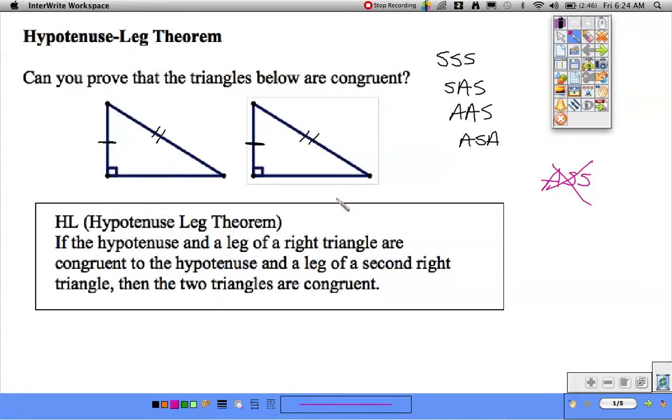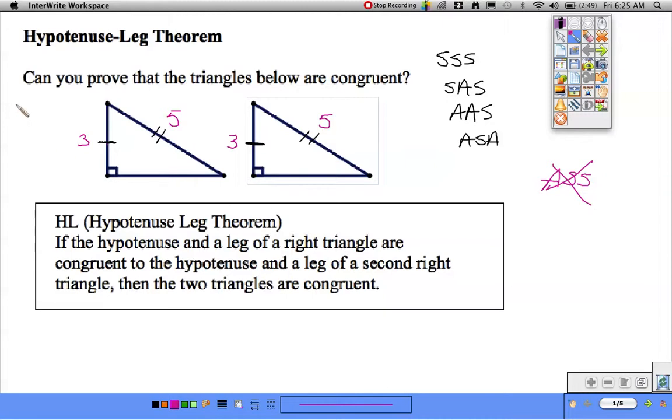However, because the triangles have right angles in them, that means these triangles are right triangles. And that means I get another theorem that I could use, the Pythagorean theorem. So let's just pretend that this side was 3. Because it's congruent to the other triangle, this side also has to be 3. Let's pretend that this hypotenuse was 5, and if this was 5, this one would also have to be 5.